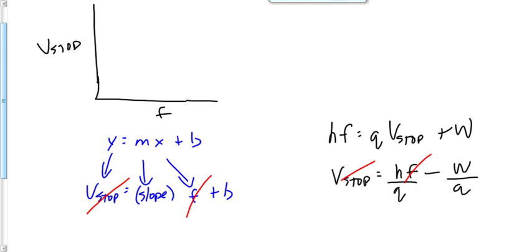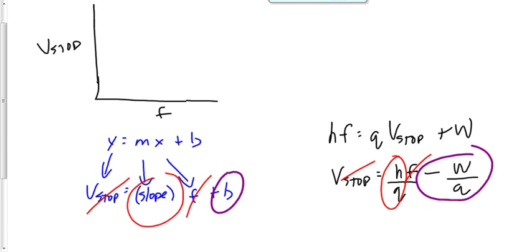I've got slope is equal to, what's the slope equal to? h over q. What's the y-intercept equal to? Negative W over q. And what's q? 1.6 times 10 to the minus 19, the charge of the electron, right? So it's a little bit uglier, but whatever, right?